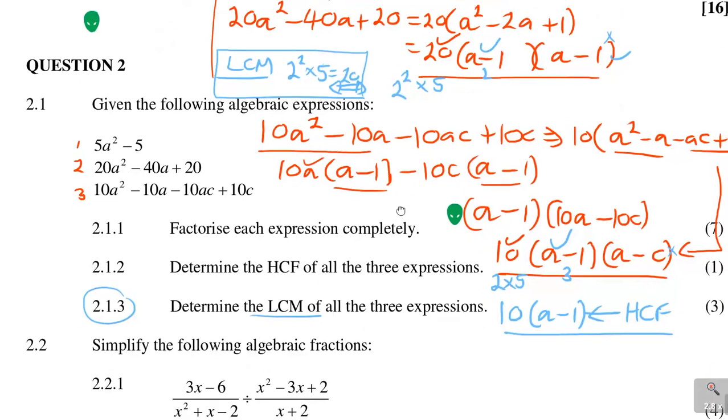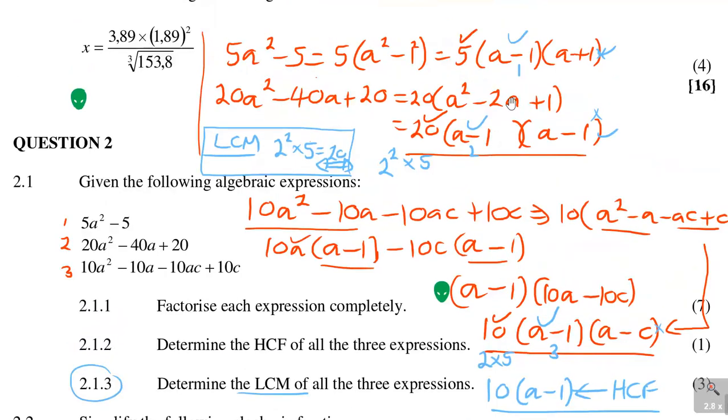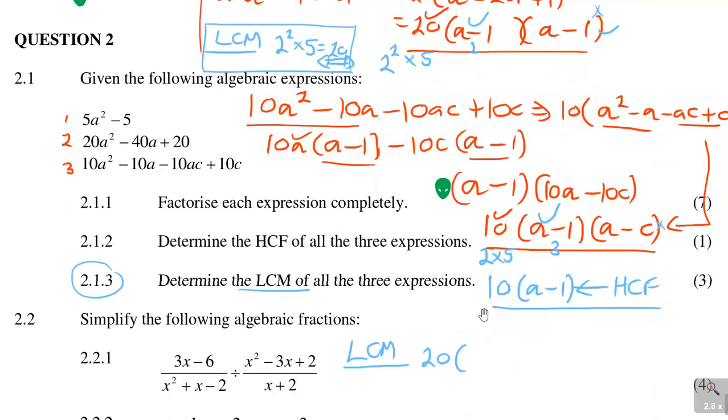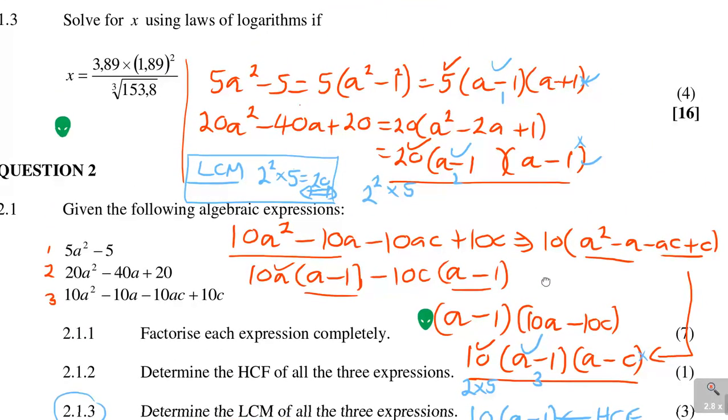So on the numbers I get 20. Now I'm looking at the LCM. Now you write each and every expression that is represented. The first one is a minus 1, so I write there a minus 1. Then the other one is a plus 1, I write it.